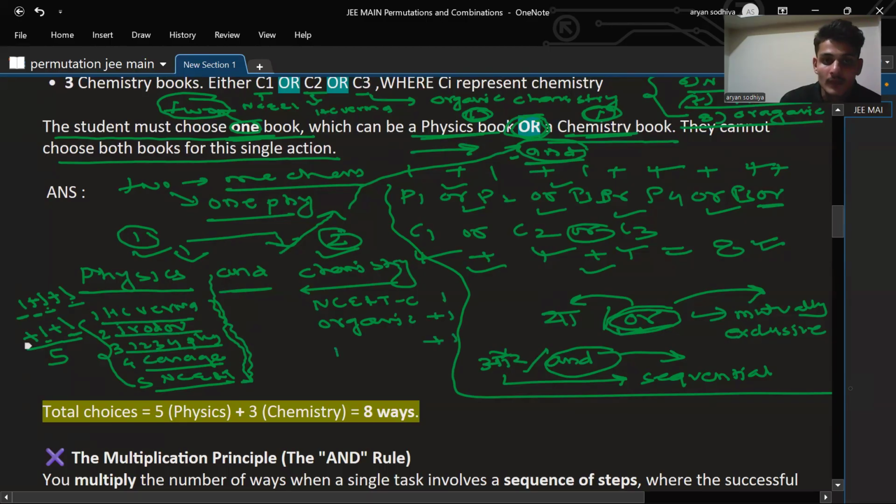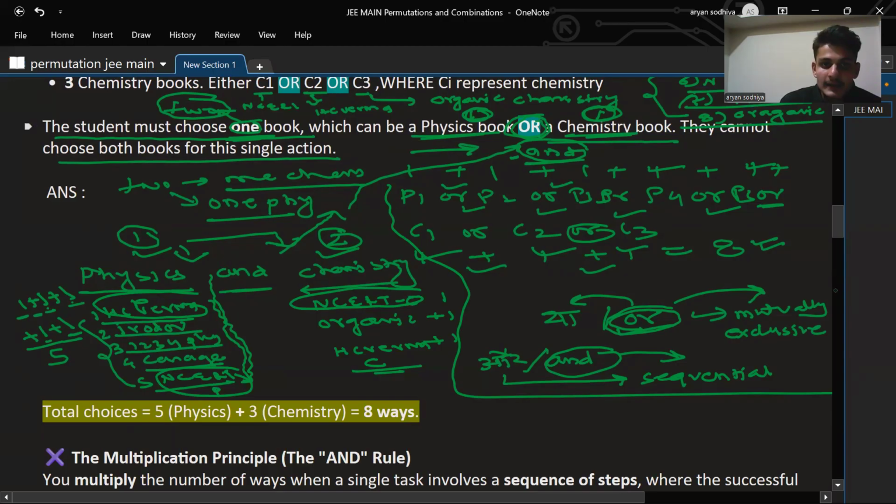Or SC Verma of chemistry. These are both different books. SC Verma of physics, this is the SC Verma of physics. So these are both different books. These both have different contents. And this is the NCERT of physics. So this is a different book. So all the eight books are different. Okay.